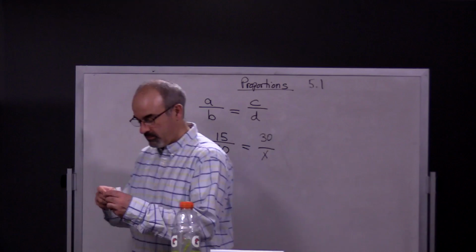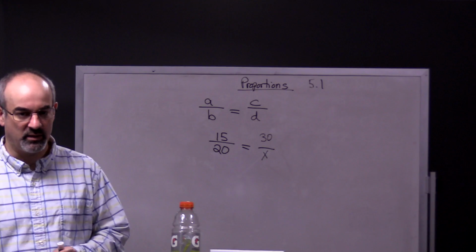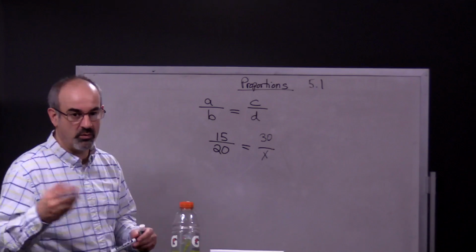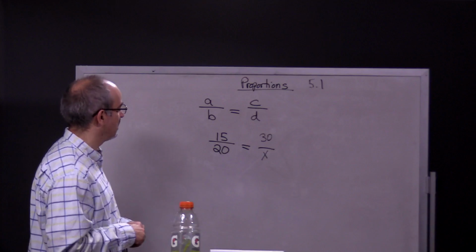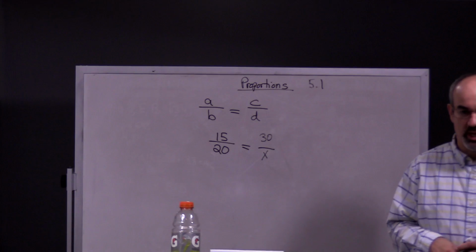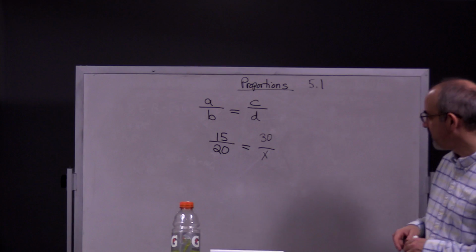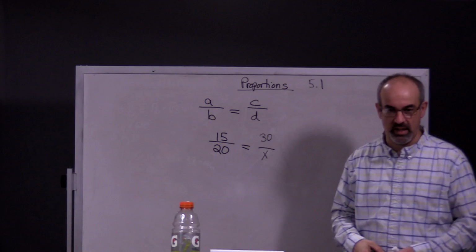It's going to be important when we start talking about word problems. You want to call what you don't know the unknown, usually x. You don't have to, you can use whatever letter you want, but I'm going to use x probably for all the videos. Okay, so you have 15 over 20 equals 30 over x.